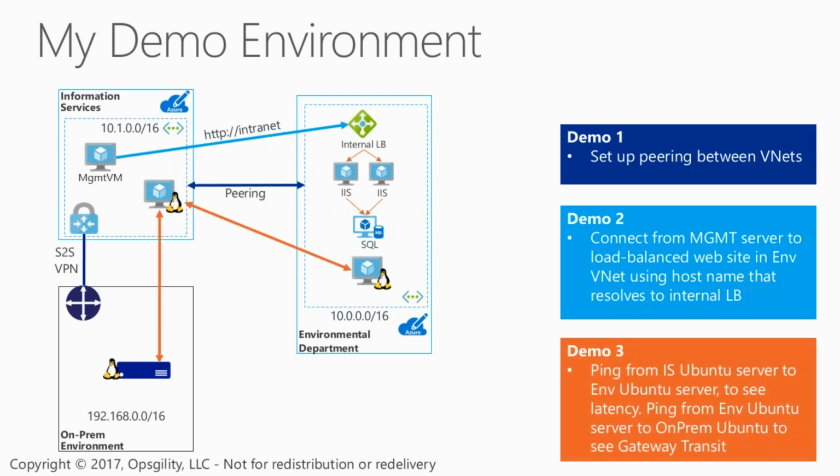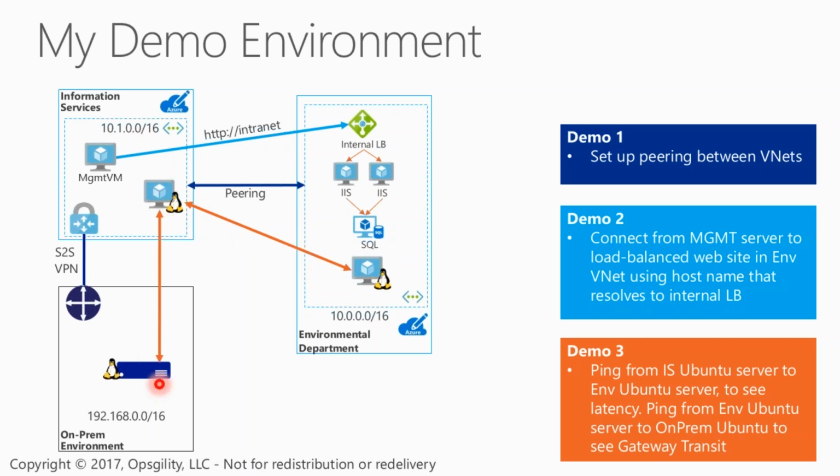And then the last demo is I'm just going to do a few pings. First off I'll be logged into this Linux server here in the IT department. I'll ping the Linux server in the environmental department first, and that's going to show you the very low latency of this connection. And then I'll also ping the Linux server in the on-premise environment.